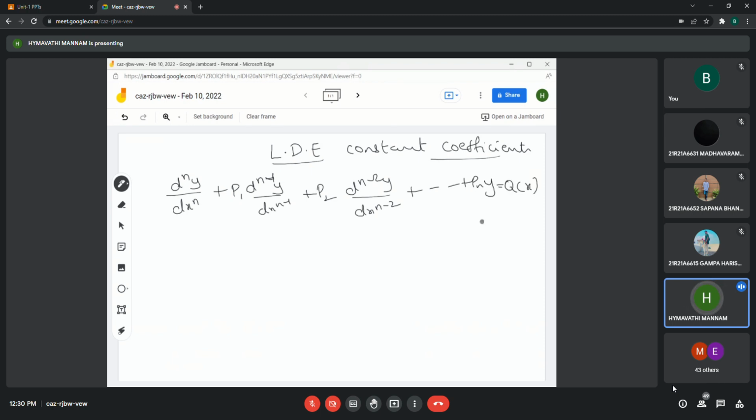We have to find the general solution of this higher order differential equation, but here the degree is 1 only. Degree 1, order is more than 1.